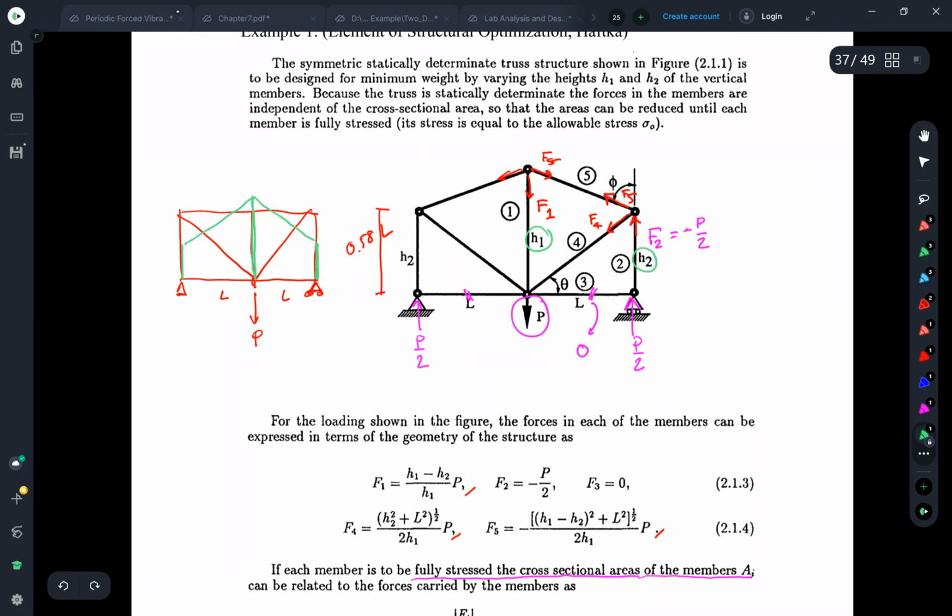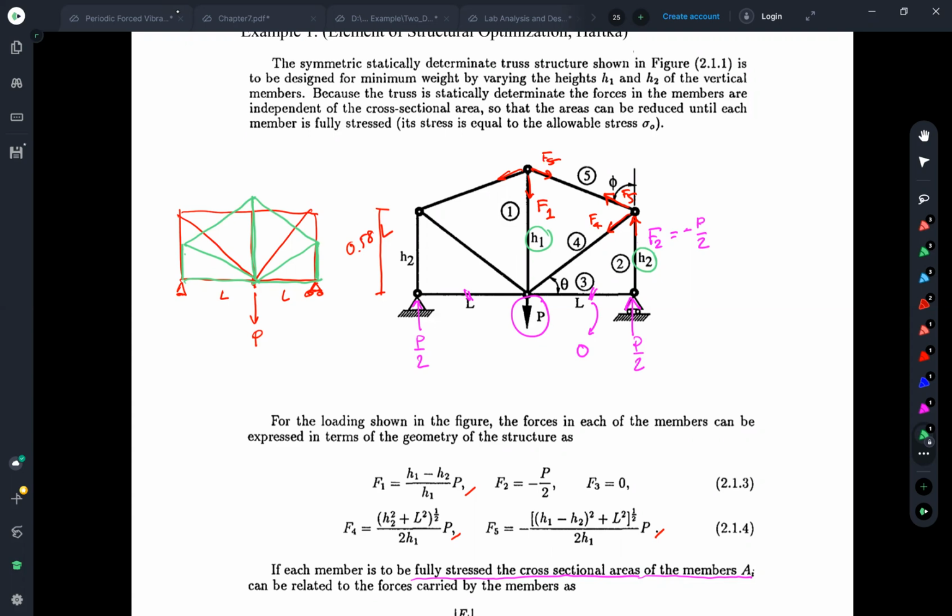So the solution looks like this is the best truss in the world, containing minimum weight to carry the point load P at the middle. And I cannot find a better truss than this, right? With this, you see, as an engineer, it's very difficult without optimization tools like this to help us get the truss that is the cheapest one.